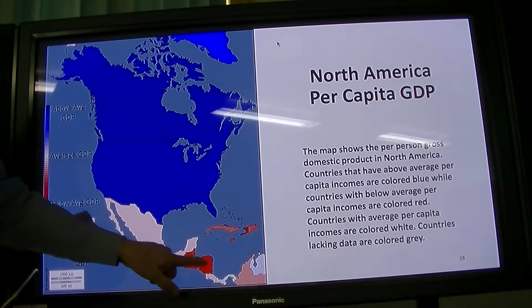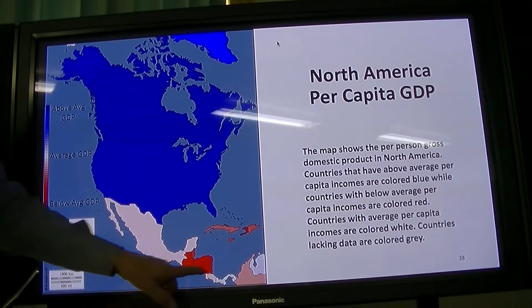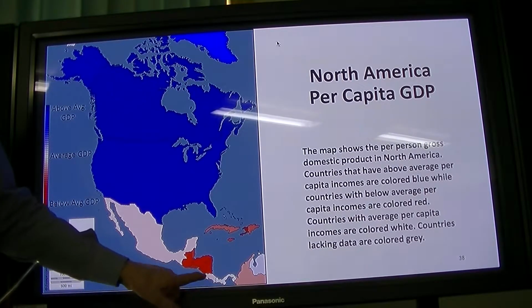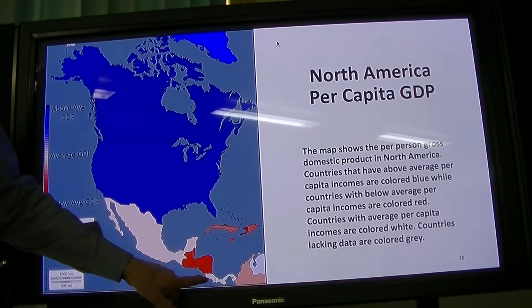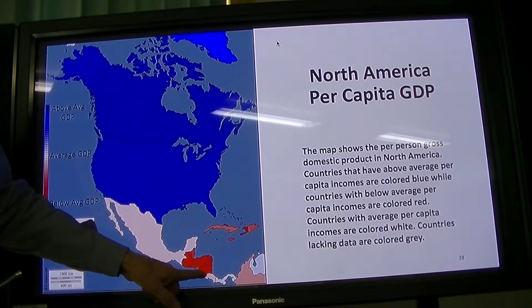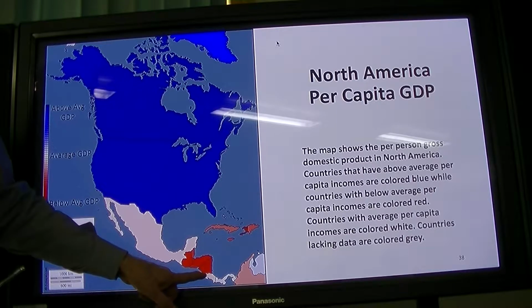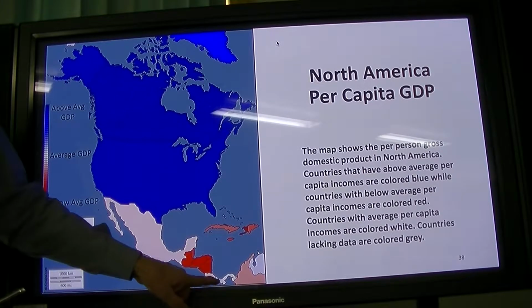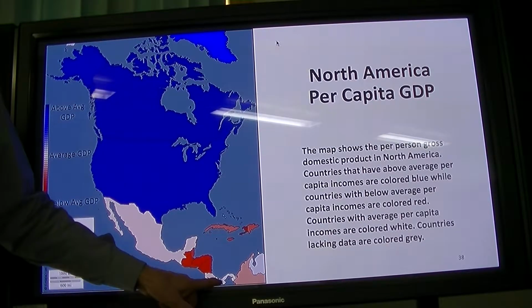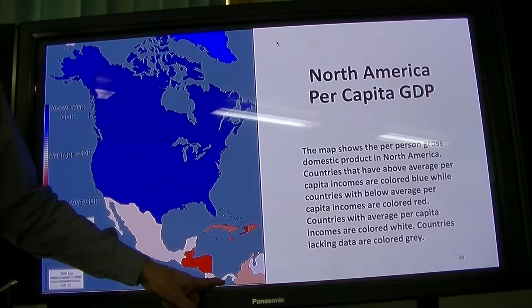These are some relatively poor countries, but then we have two countries here. Costa Rica, a stable country. It's a real exception in this part of the world. It's stable. It actually doesn't have a standing army. It's a relatively prosperous country. Panama is kind of an investment center.